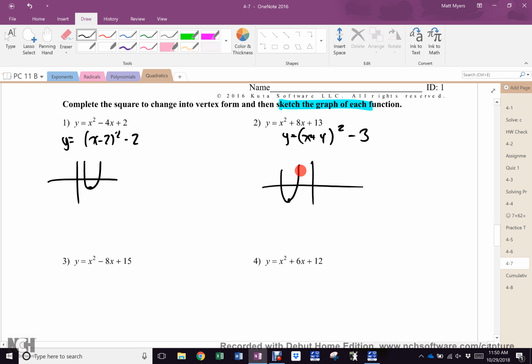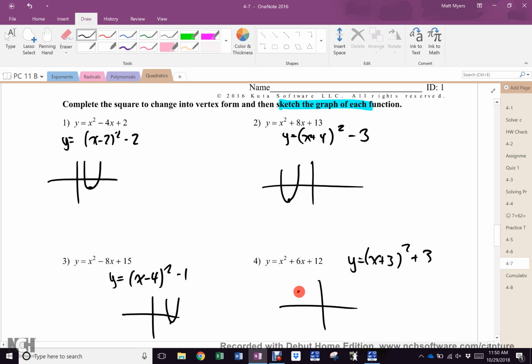Whoop! This is y equals x minus 4 squared minus 1. So it looks like this, out 4, down 1. Whoop! 4 is y equals x plus 3 squared plus 3. So it's out here at negative 3 and up 3. Whoop!